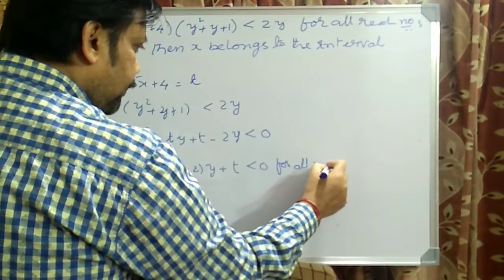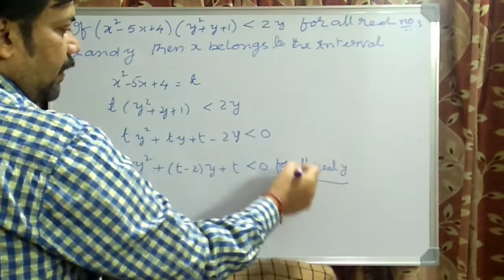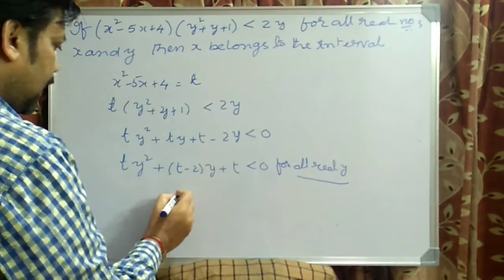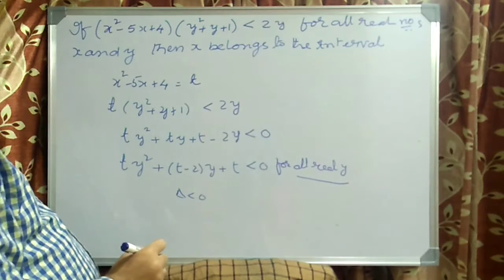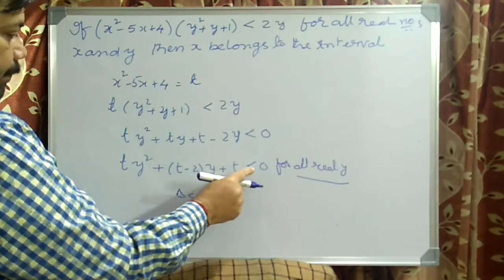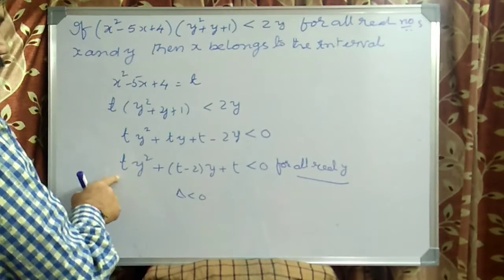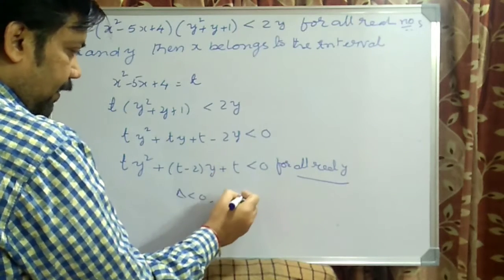This is for all real y. So whenever you see all real y, we should be having delta less than 0, first point. And then according to this inequality, the highest power coefficient should also have the same inequality.